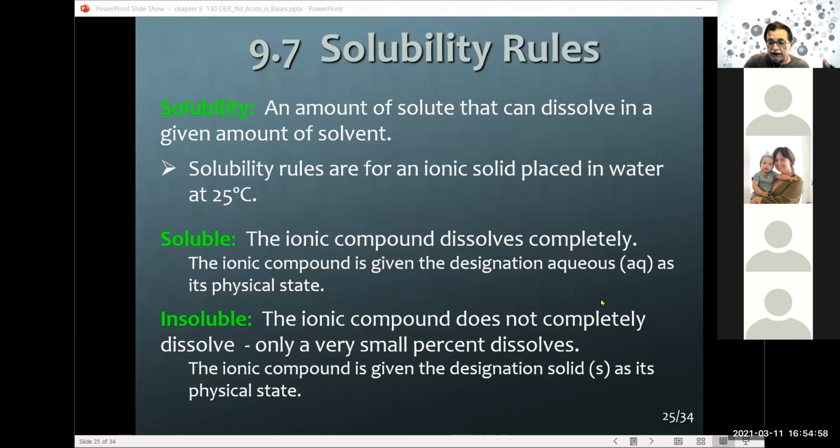The bulk stays out of solution, but a very small percentage does dissolve. Since the bulk of it is insoluble, we use the physical state (S) to designate solid.